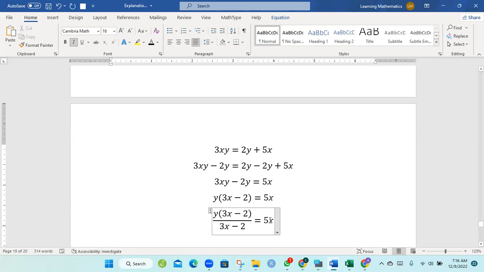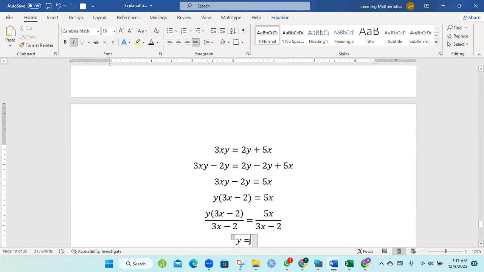If we divide by 3x minus 2 on the left, we have to divide by 3x minus 2 on the right. So 3x minus 2 cancels out from the left, and what we are left with is y equal to 5x divided by 3x minus 2.